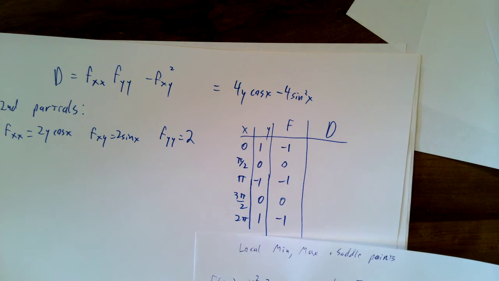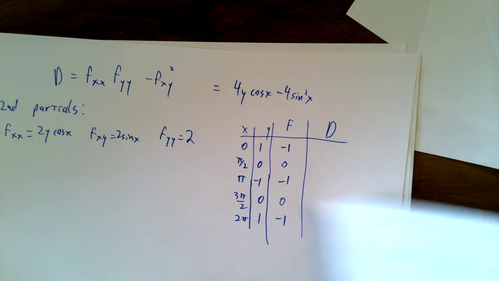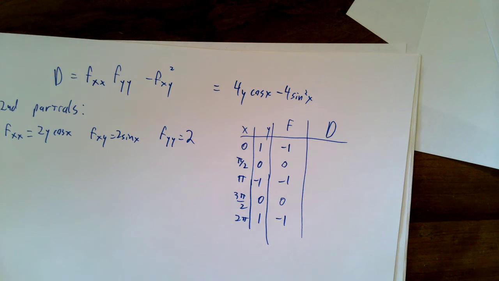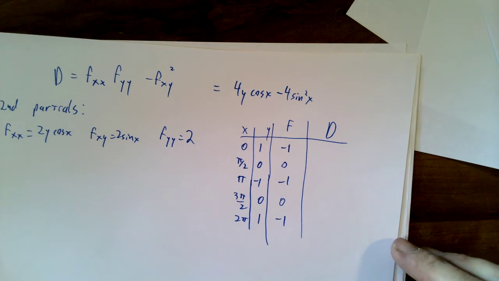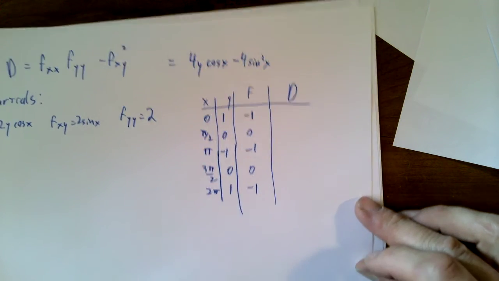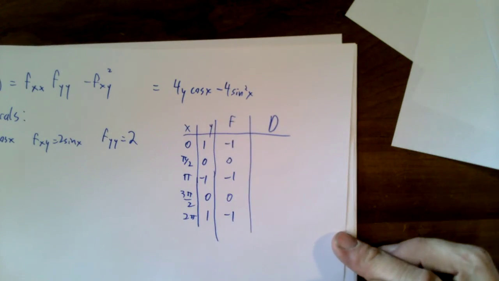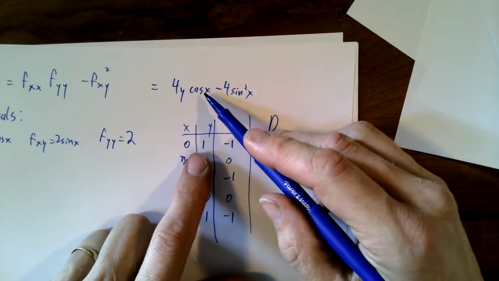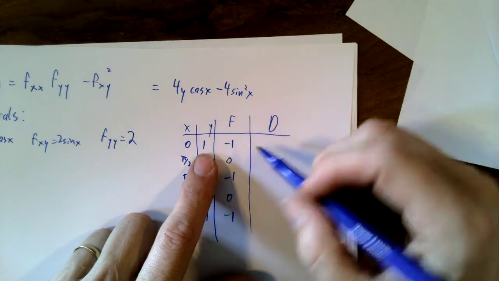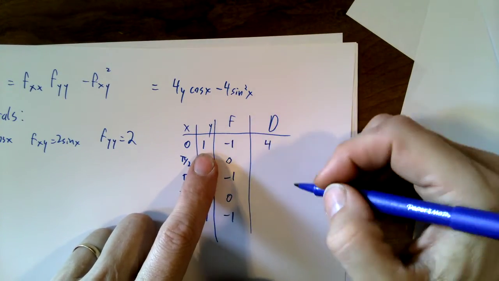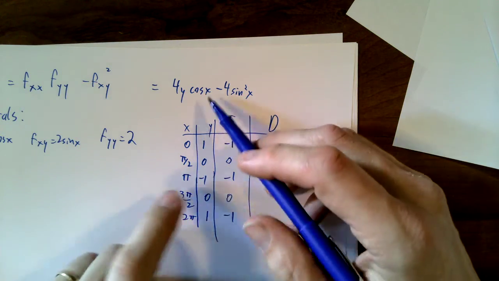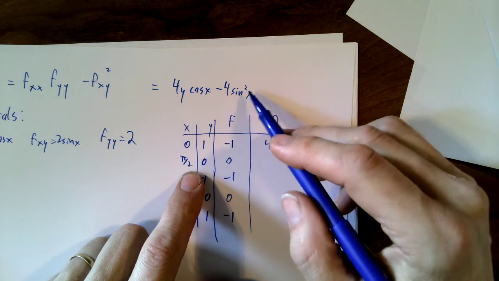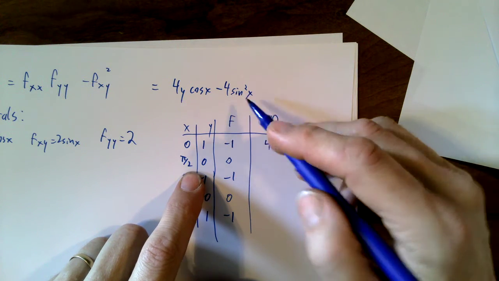That gives you kind of a hint as far as minimum and maximum stuff, but I want to do this D here also to clarify what's going on and know if I got any saddle points in here. So I'm evaluating this at these points also. X is 0 and y is 1, I get 4 minus 0. If x is pi over 2, I got 0 here, I got 0 here, and this is negative 4.